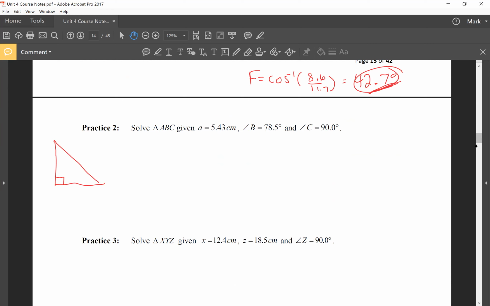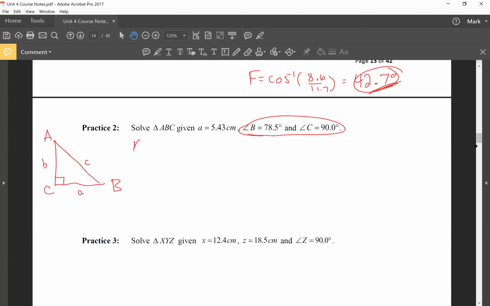All right, solve ABC. So C is my 90-degree angle, so it really doesn't matter what A and B are. I'm just going to do this. A and B do not matter where you label them, as long as the angle is across from the side. Okay, so what do we know? Well, let's just get this angle out of the way quick.